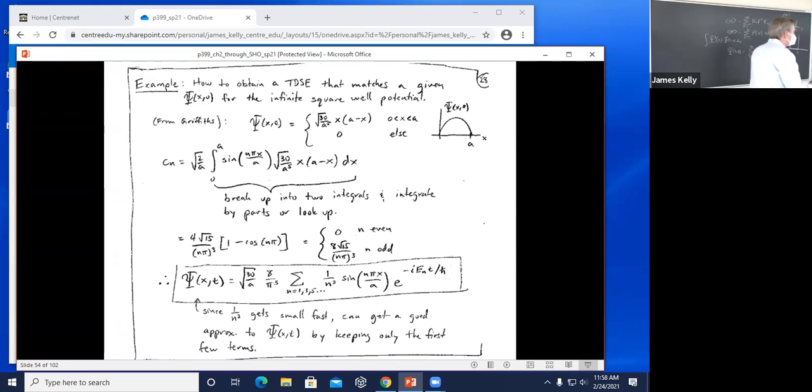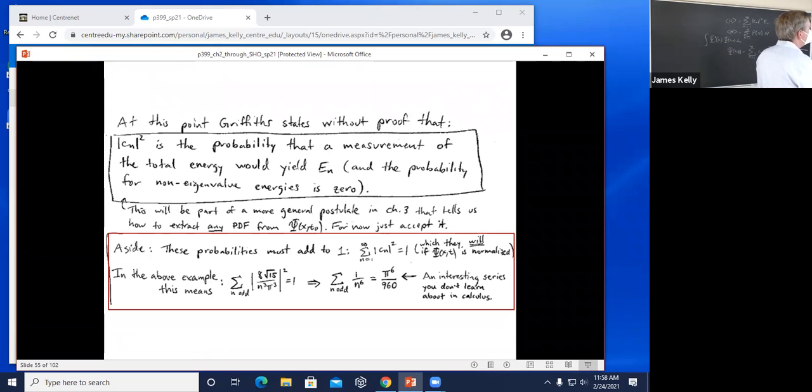And so this is sort of an aside here, but the fact that those probabilities have to add to 1 sometimes lets you sum some really weird series, okay? So as long as psi is normalized, if you choose the A to make it normalized, then they're definitely going to add to 1 as probabilities. And in this example, the CNs looked like this.